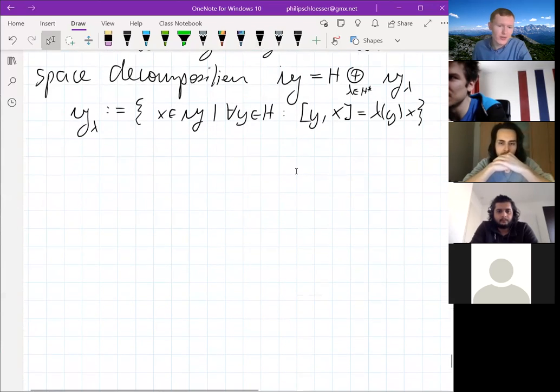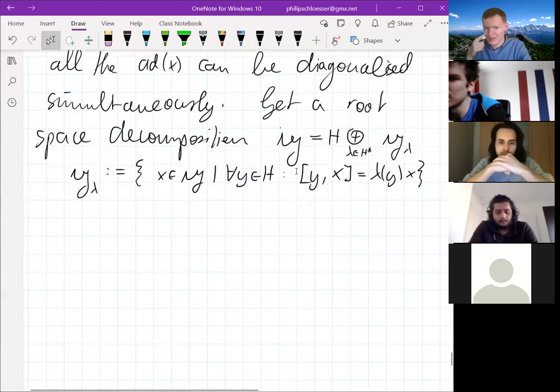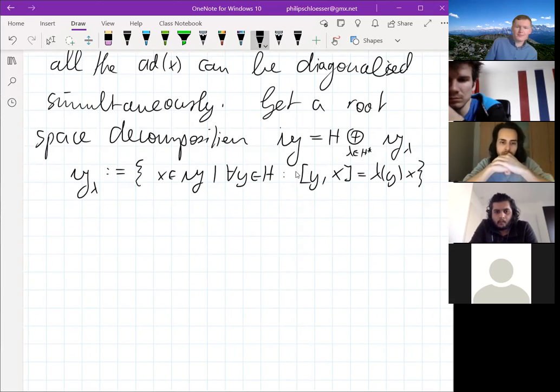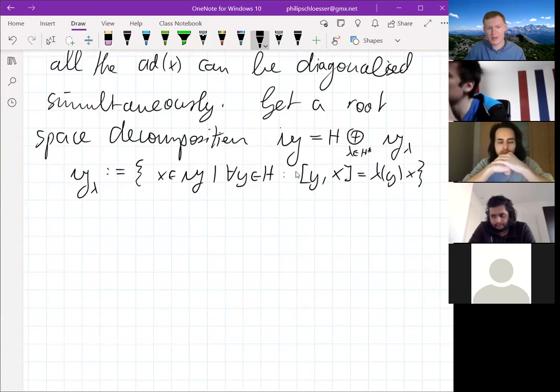Or I guess usually you go for total angular momentum and then angular momentum in z direction. But since total angular momentum isn't an element of the Lie algebra, we don't do that here. So this is just something that happens if you diagonalize multiple things simultaneously. You don't get eigenspaces, you get root spaces.